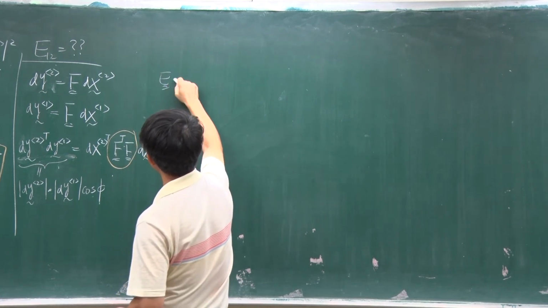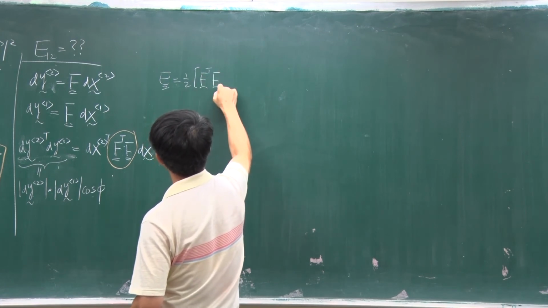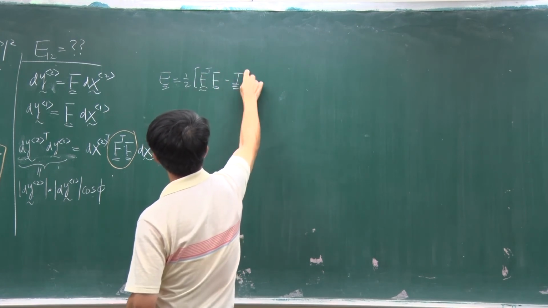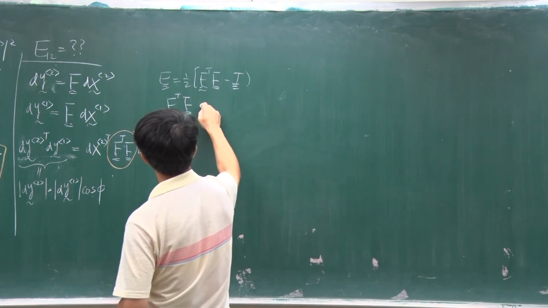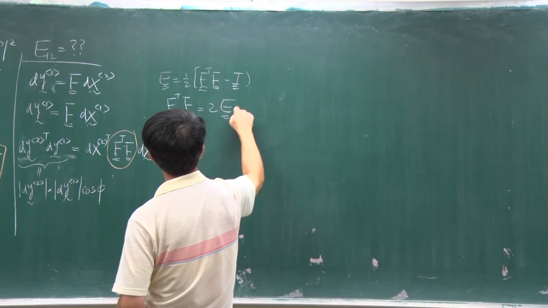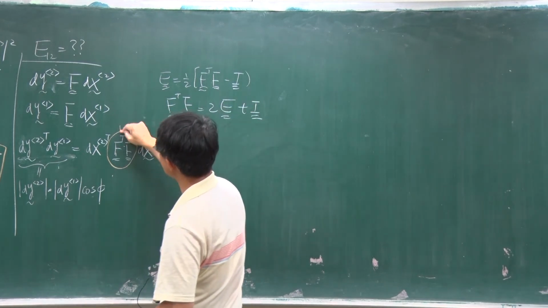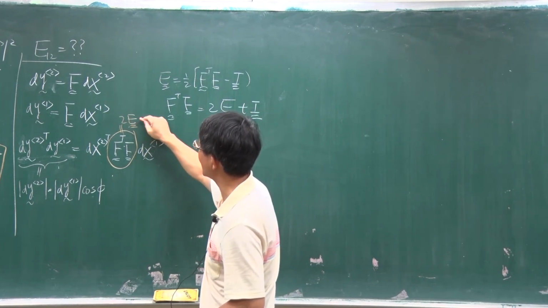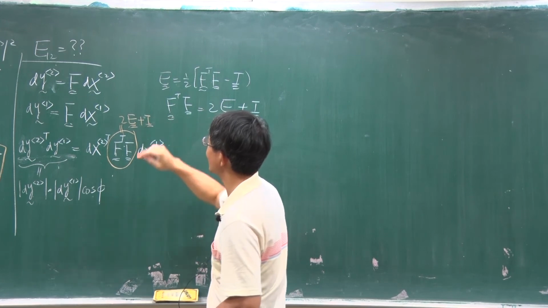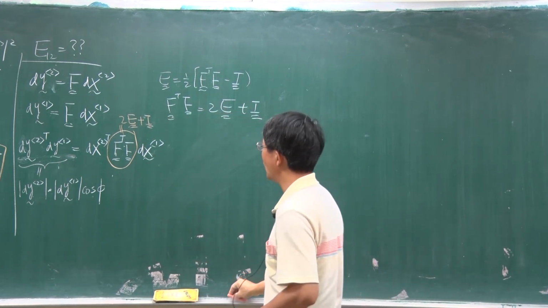E equal to 1/2 F^T F minus I. So F^T F is just 2E plus I. So this one is 2E Lagrangian strain plus I. Right? We have done this before.